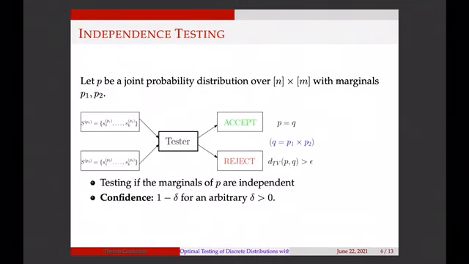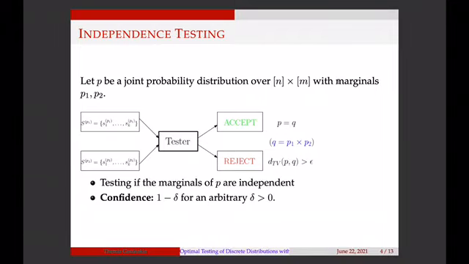Similarly, the problem of independence testing is the following. Suppose that we have a distribution P, which is a joint probability distribution over a two-dimensional domain n by n, which has marginals P1 and P2. In this problem, the tester gets k samples from the joint distribution P, or in other words, you can think of it as getting k samples from each of the marginals P1 and P2.